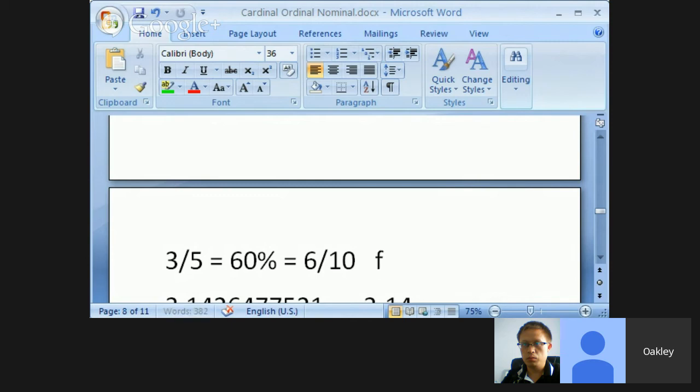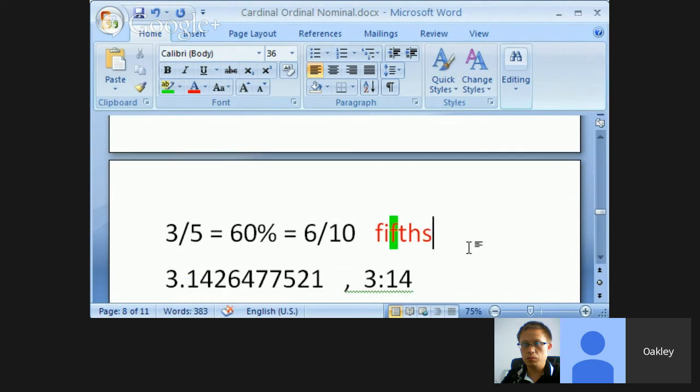I do want to point out when you say fifths, it is perfectly okay to not pronounce the middle F. You don't have to pronounce it. So you can say fifths. It's very difficult to pronounce this F, so we just don't bother. English speakers. It's a reduced form, but fifths.